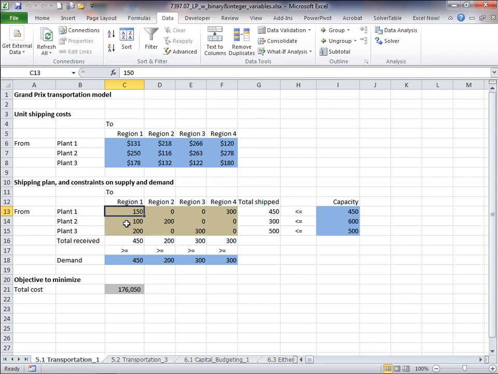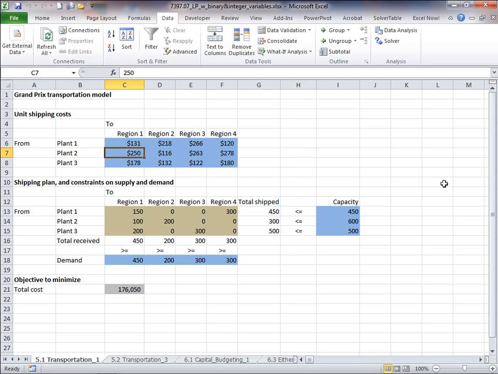But in any event, what prompted my question to you was looking at the costs of shipping to region 1 and noting that I had to use plant number 2 to ship to region 1, right? That's the only way I could satisfy demand because I had already filled up the capacities of the other plants.